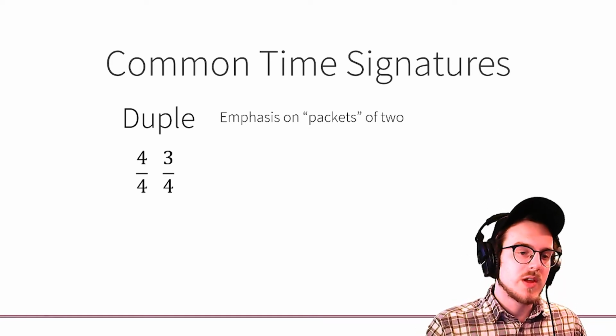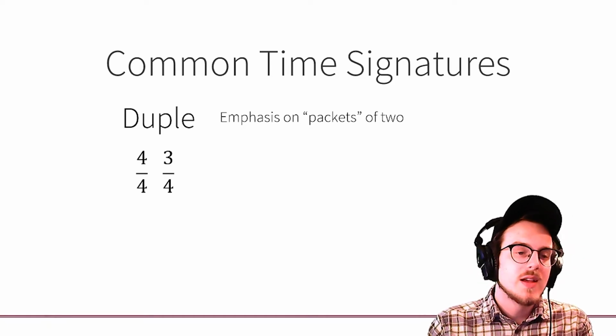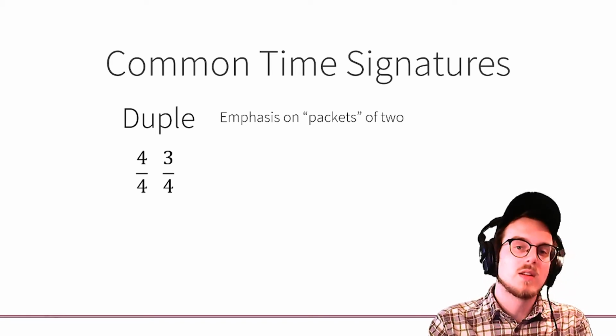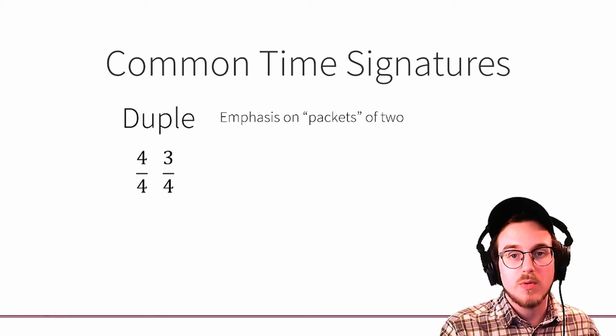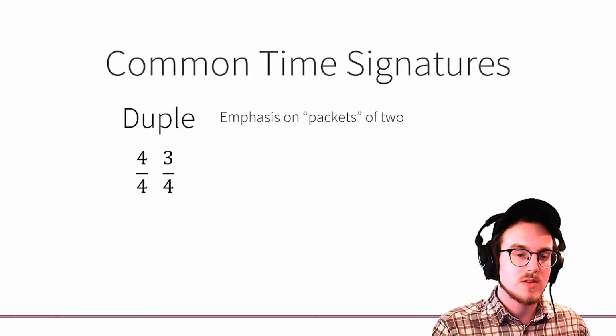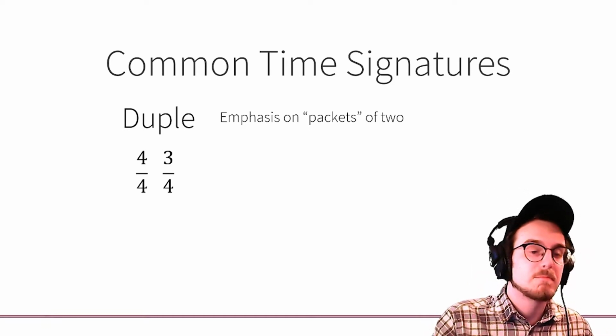It doesn't feel like maybe 3 would fit into 4, but the important part of 3/4 is that you have the 1 and 2 and 3 and 1 and 2 and 3 and, right? So it's actually worth thinking about 3/4 as having emphasis on these eighth note subdivisions, where we're breaking each count into 2 separate counts. So we have that 2 packet.